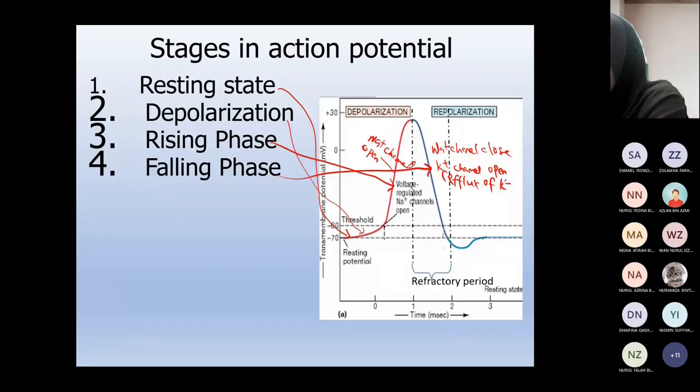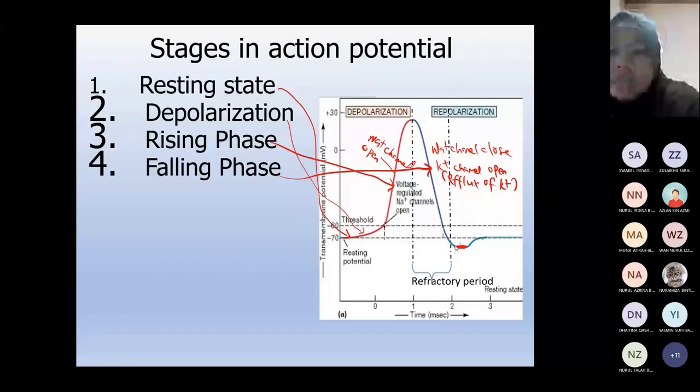Potassium ion diffuses out of the cell, which makes the membrane potential keep dropping, until reaching this area, which we call undershoot. Okay, stage number 5 is undershoot.